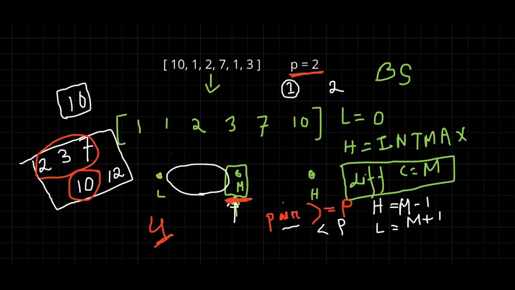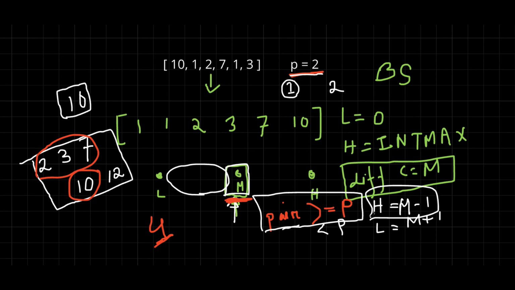Now, by applying this binary search repetitively, we will get one of the mid values where we have a sufficient number of pairs, and this mid value will be minimum because each time we have found a sufficient number of pairs, we have reduced the high pointer to mid minus 1.